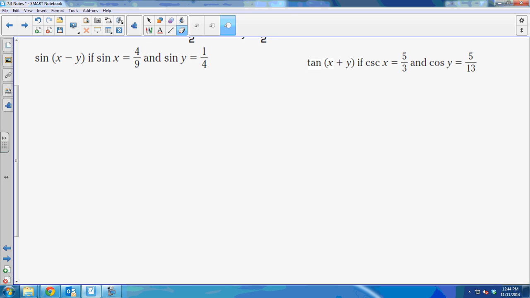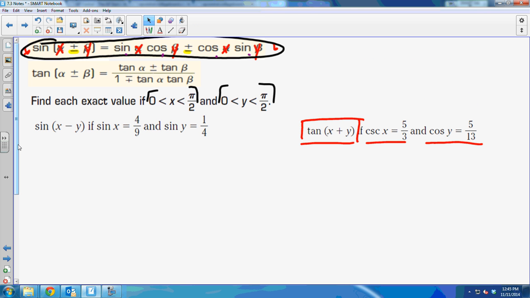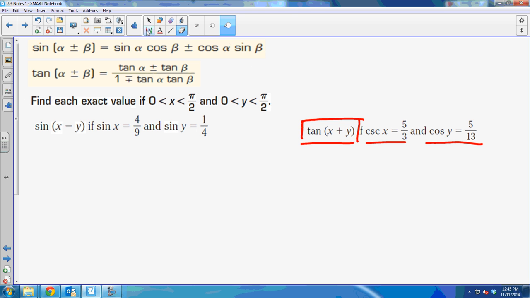All right, on the second one, we're asked to find tangent of x plus y. They tell me cosecant x and cosine y. Now, go up to your identity because you need to know what you're talking about first. In your identity, it says for tangent of x plus y, I need tangent x plus tangent y over 1 minus tangent x times tangent y.